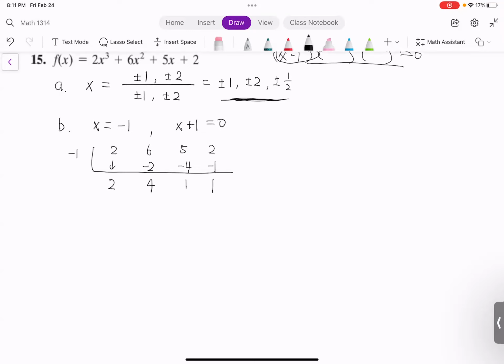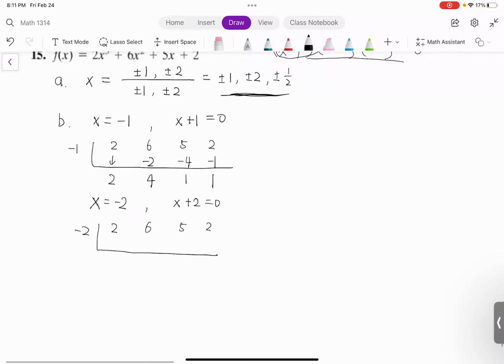Let's take another guess. Let's say x equals -2, because we can only pick negative number. The divisor form x plus 2 equals 0. Remember how to get the divisor form? We make the right side 0. Then draw a rectangle. They are the coefficient 2, 6, 5, 2.